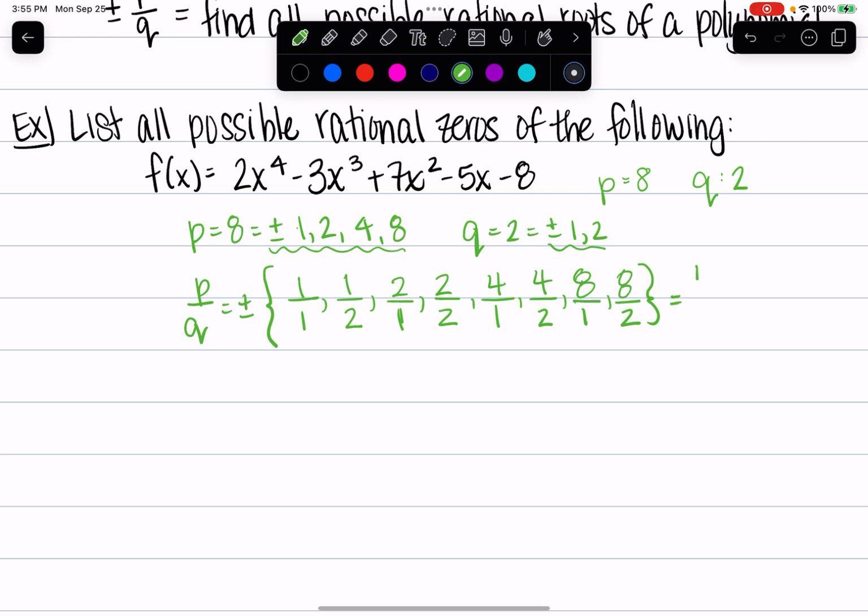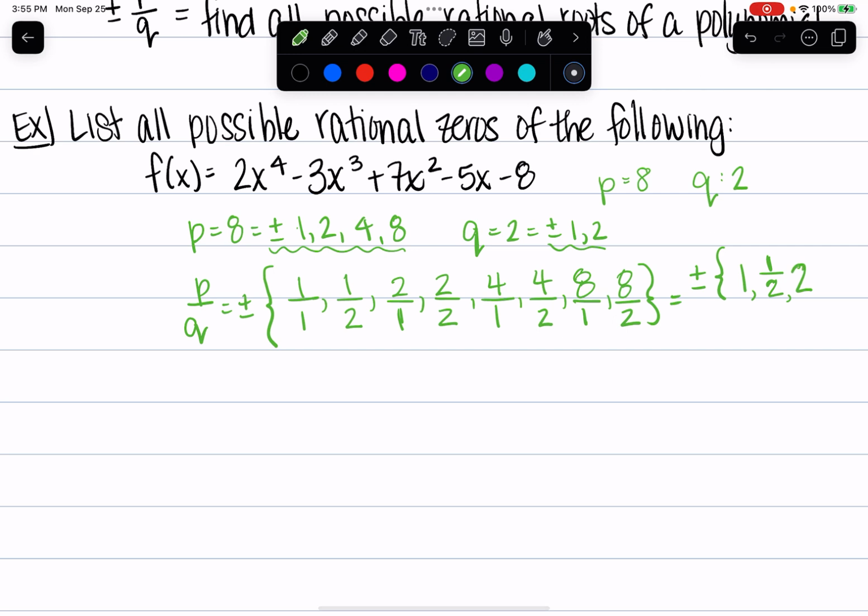Then I am going to simplify that and only write the ones that aren't duplicates. So we start with 1 divided by 1 is 1. 1 divided by 2 is a half. 2 divided by 1 is 2. 2 divided by 2 is 1.